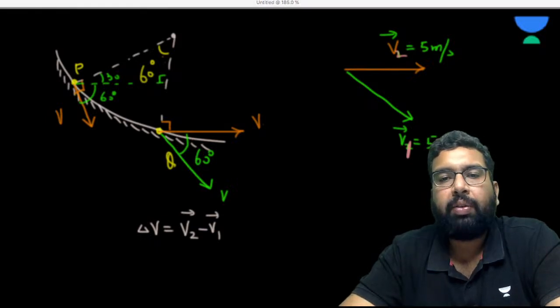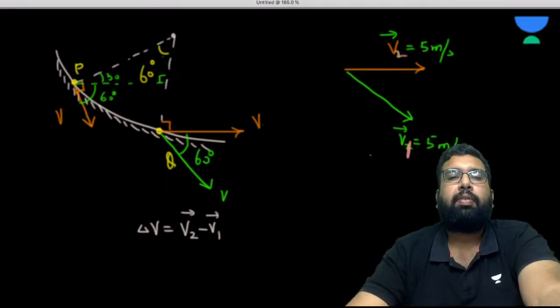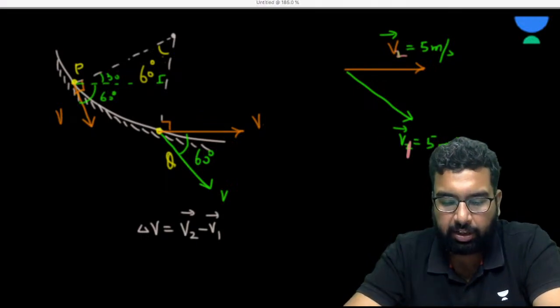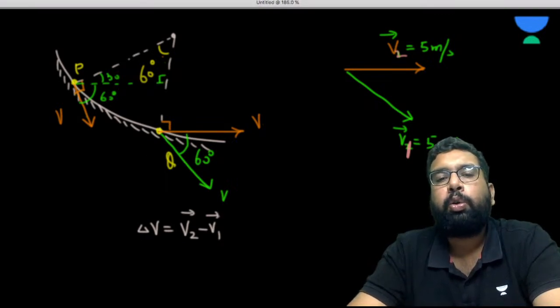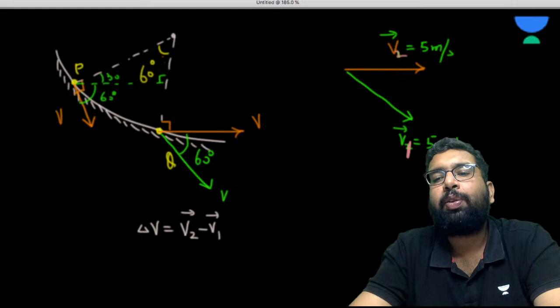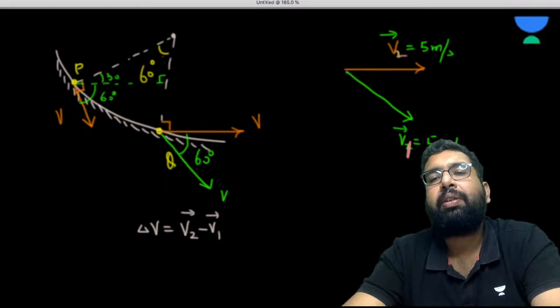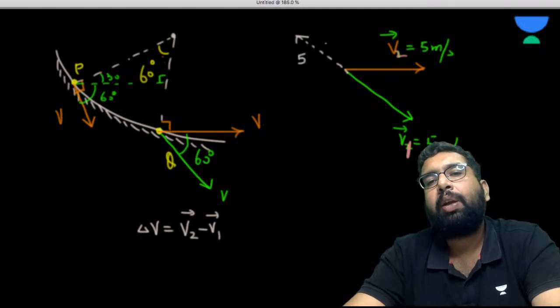So basically, when you are finding the change in the velocity, you are adding vector v2 with negative of v1. So what is negative of v1, sir? We can reverse the direction of v1, and this is going to be the negative of v1, right? So you are going to find the resultant of these two.